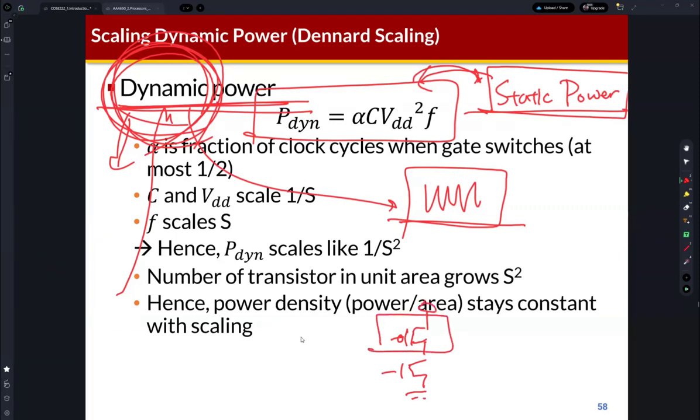And then one of the transistors is off. Off means that it's disconnected.